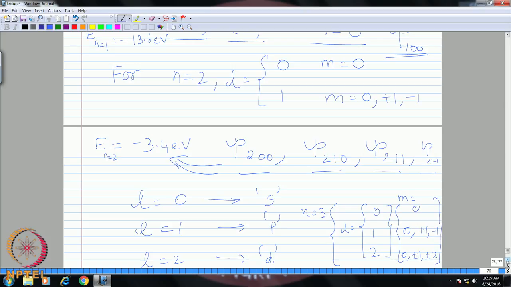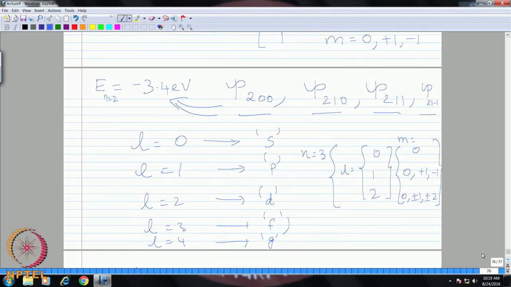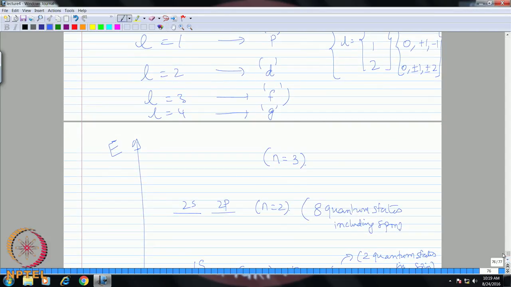So, what are all the orbitals that we have? 3s, 3p and 3d. And what is the corresponding value of E? 13.6 divided by 9, minus 1.51 electron volts.